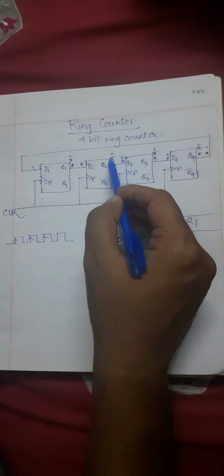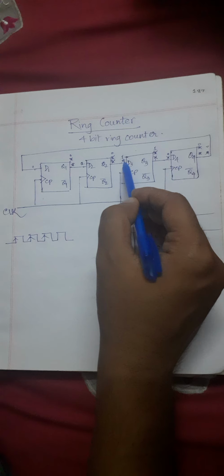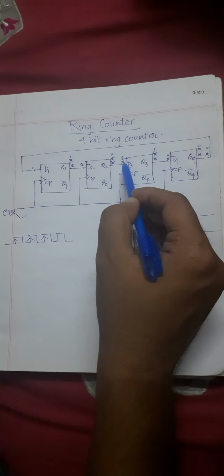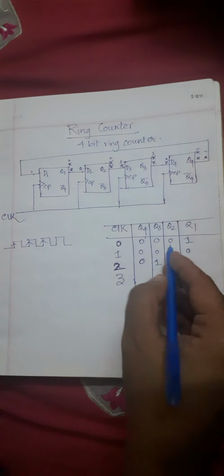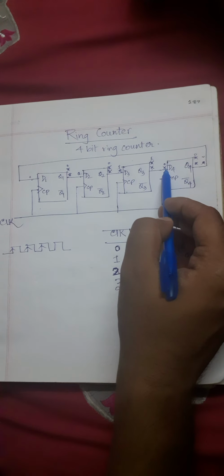q2 becomes 0. So q2 previously had, now the previous 0 comes here, isn't it? And due to this 0, q3 becomes 0, and previous 1 travels along this path.